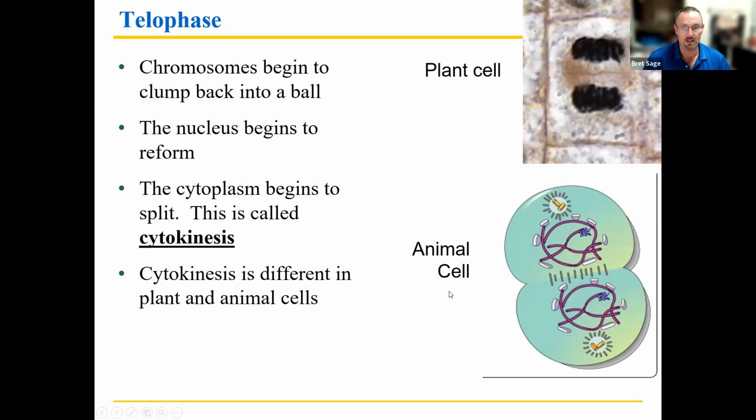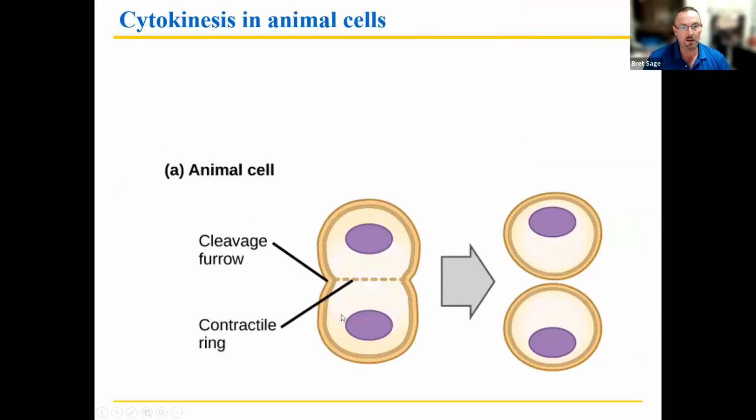But imagine if you wanted to separate a balloon into two functionally separate balloons. What would you do? You'd tie a string around it and knot it or twist the balloon. So what's happening here is, because it doesn't have a cell wall, these little fibers are going to start to contract right in the middle, cutting this balloon, animal cell like us, into two. Okay, so in an animal cell, this is also a figure from your text.